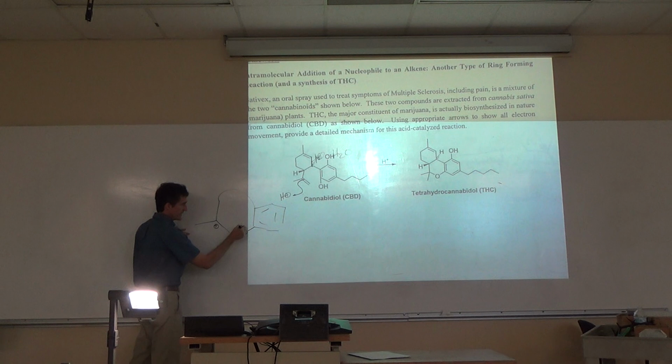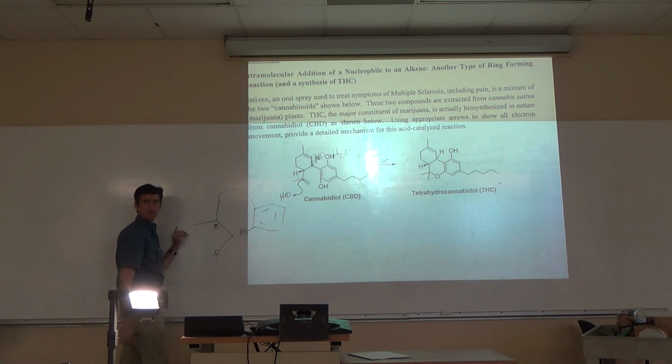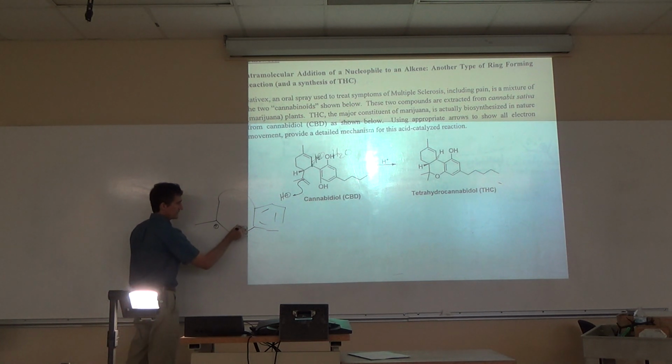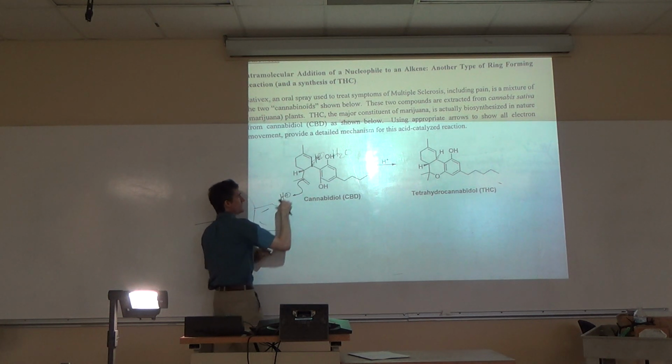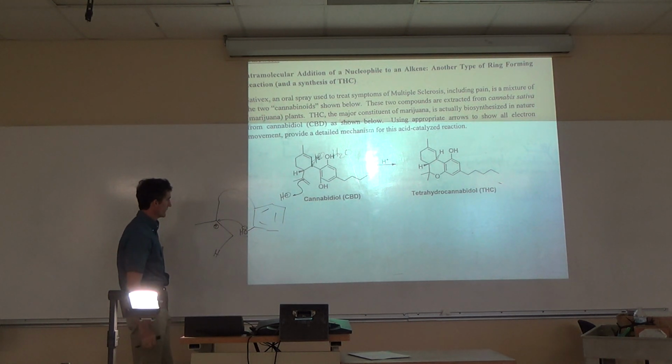That leads to this, and right next door you have a nucleophile. And these electrons can then bond here. That's going to make a 1, 2, 3, well, you can't see here, but 1, 2, 3, 4, 5, 6-membered ring. So you have an internal nucleophile.